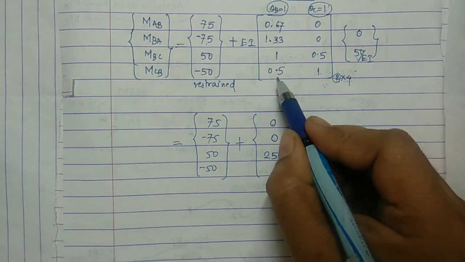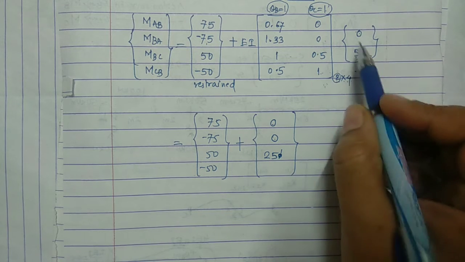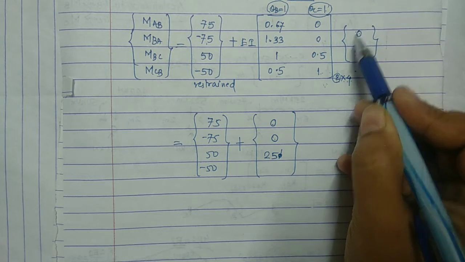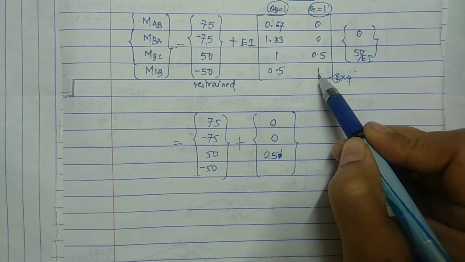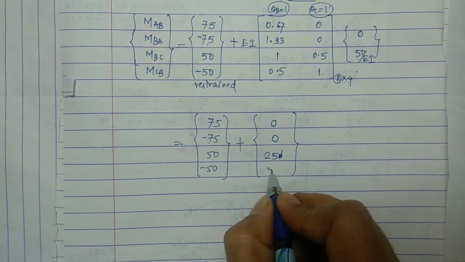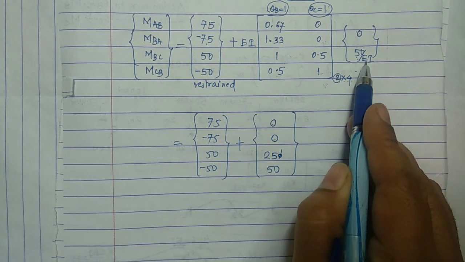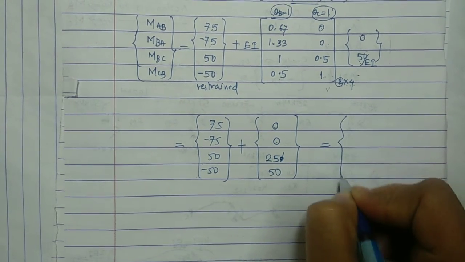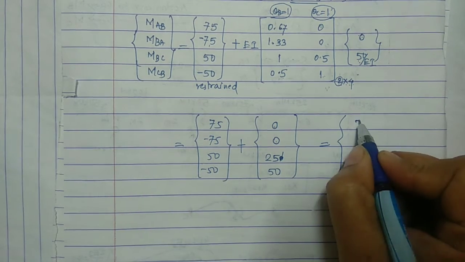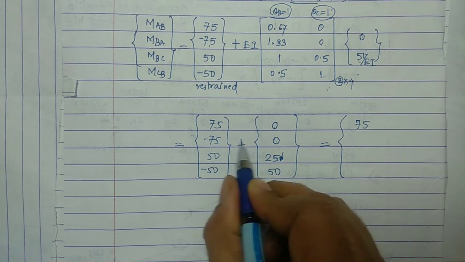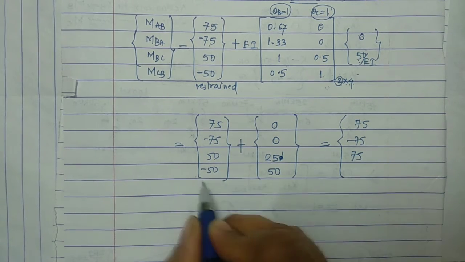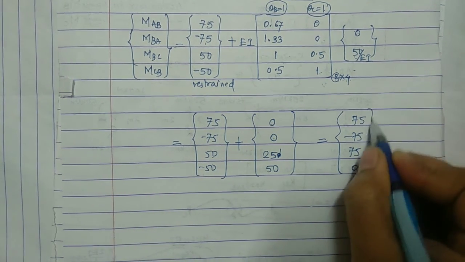Okay. And the last element, that is the fourth row into this column. So first element of the fourth row into first element of the column, 0.5 into 0, 0, plus 1 into 50. 50 into EI upon EI gets cancelled. So the final answers are by direct addition: 75 plus 0, 75; minus 75 plus 0; 50 plus 25, 75; minus 50 plus 50, 0.